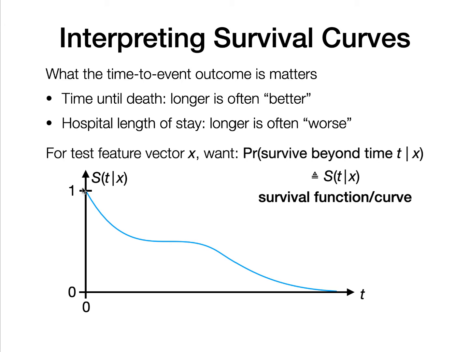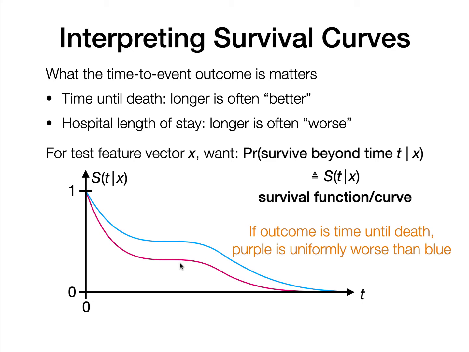So with that being said, we have this blue curve here. For a different feature vector, perhaps the survival curve looks like this purple curve here. If the outcome is time until death, then we would typically say that the purple curve is uniformly worse than blue, because the probability of surviving beyond any time t is less than the corresponding value for the blue curve.